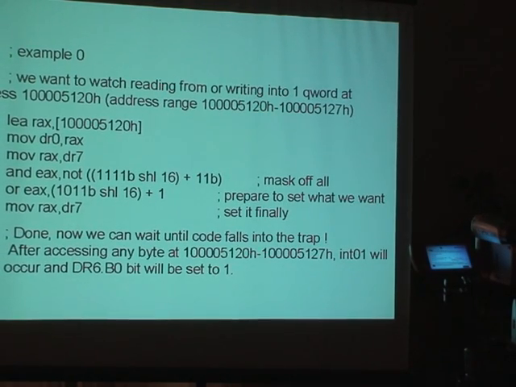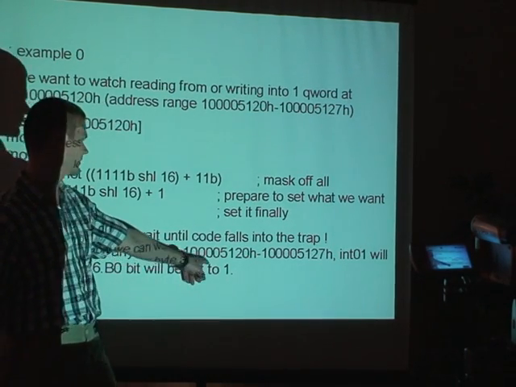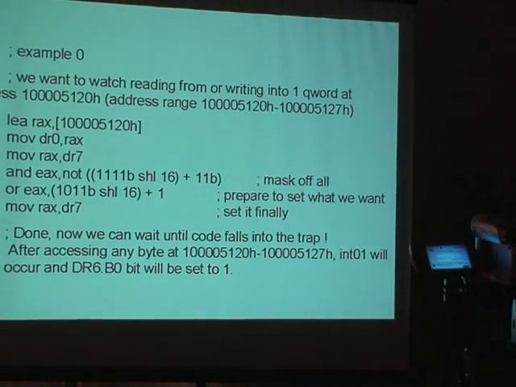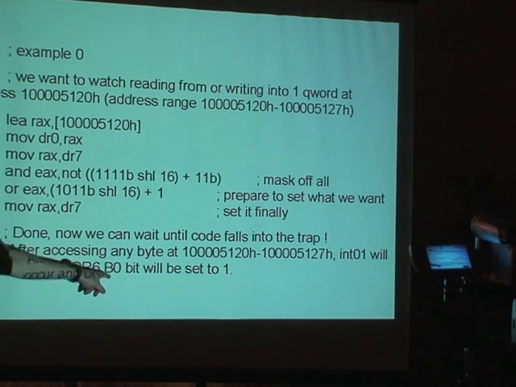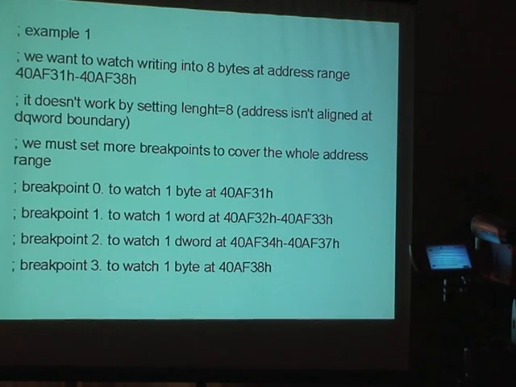After this setting, we can resume the execution of the program and wait until the code falls into this prepared trap. After accessing any byte in this memory range, interrupt 1 will be triggered, and this bit in debug register 6 will be set to 1. We will discuss what debug register 6 means later.